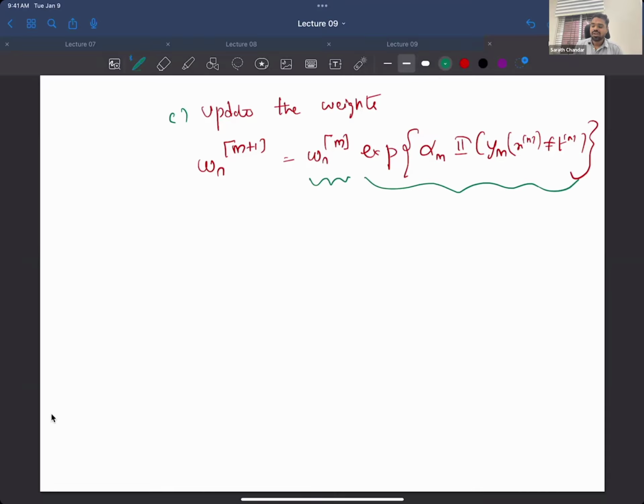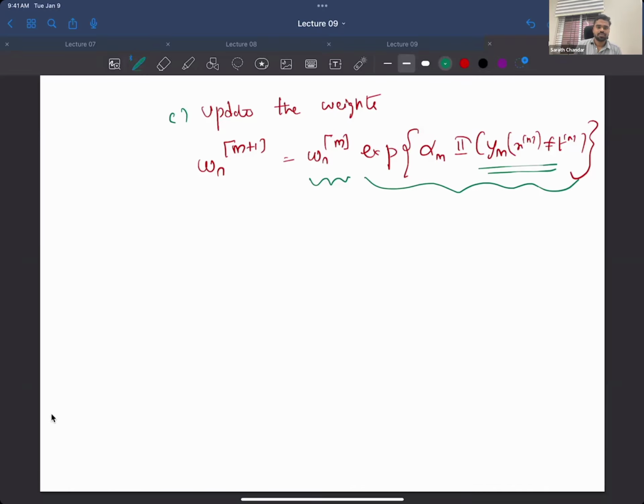So whenever the model makes a mistake, I'm scaling the weight by exp of alpha m. Is that clear? So the end effect is whenever the model makes mistakes, the weights are increased. And for examples that are correctly classified, there's no change in the weight. So relatively, the weights of the mistakes increase over time.